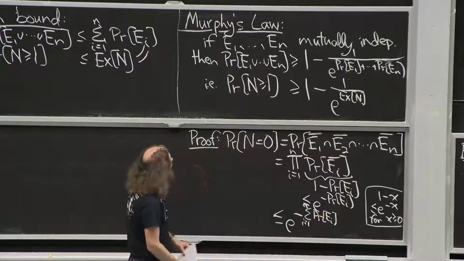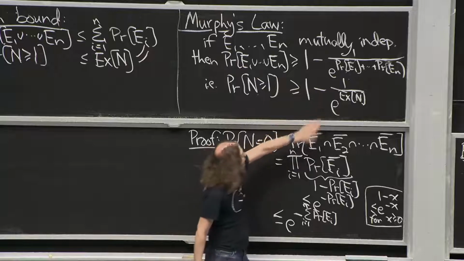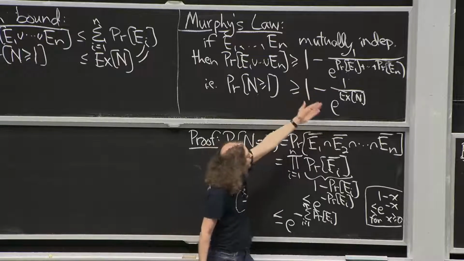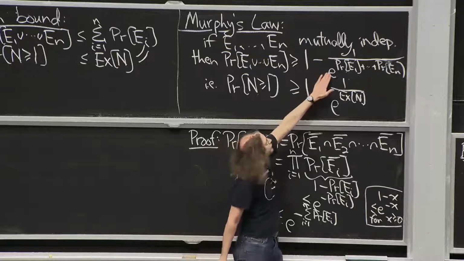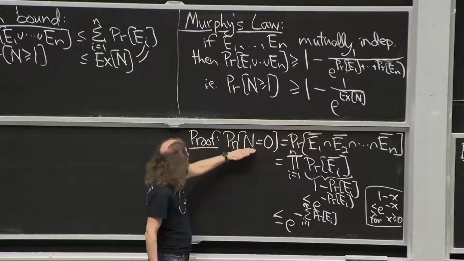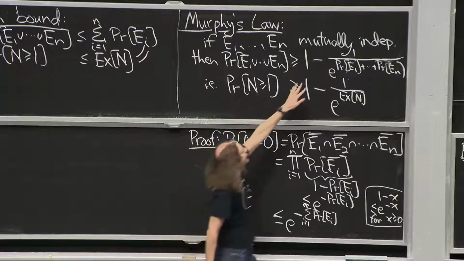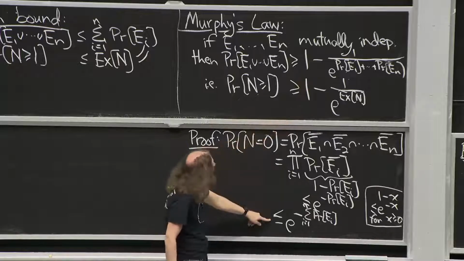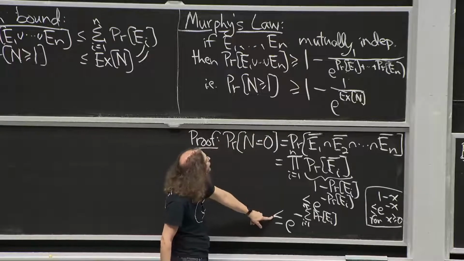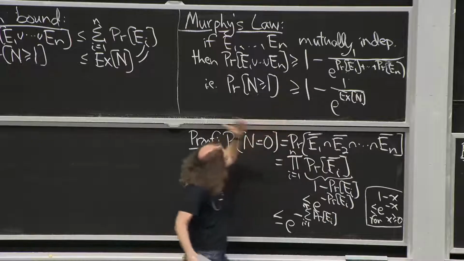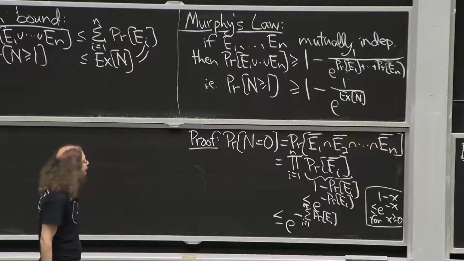Okay, which if you stare at it long enough, that's exactly what we got here. E to the minus is the same as 1 over e to the thing, this sum. And because we are computing the complement event, we have to do a 1 minus out front. And instead of an upper bound, this was an upper bound on the failure. This is a lower bound on success, if success is one of the events occurring.